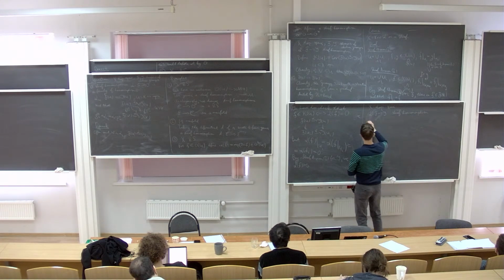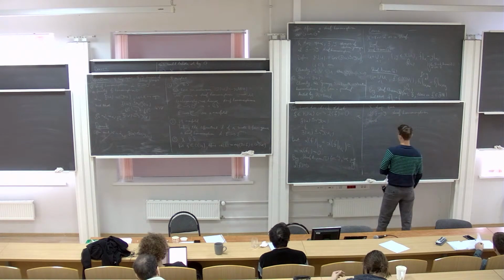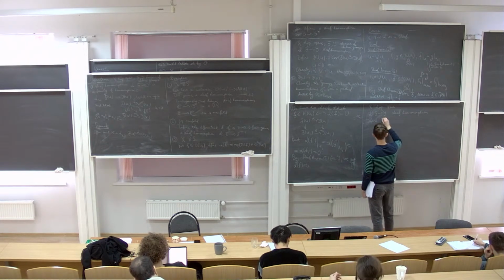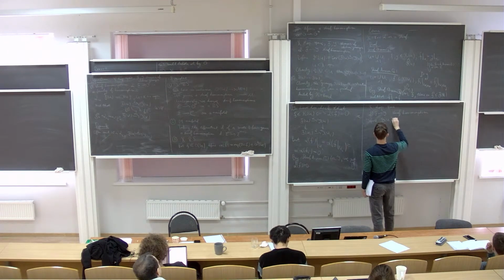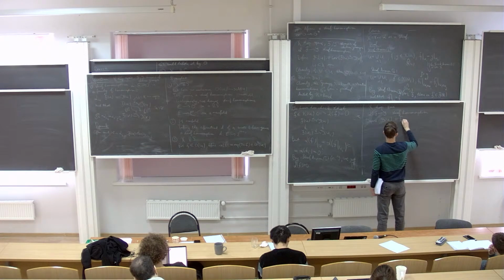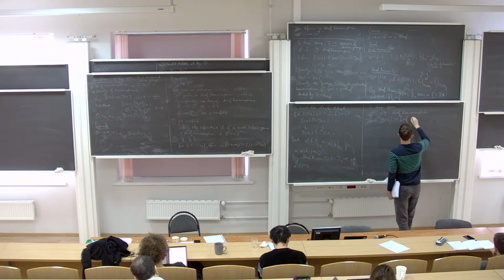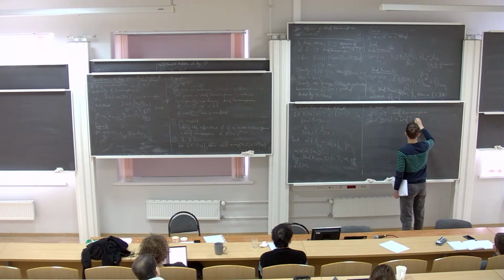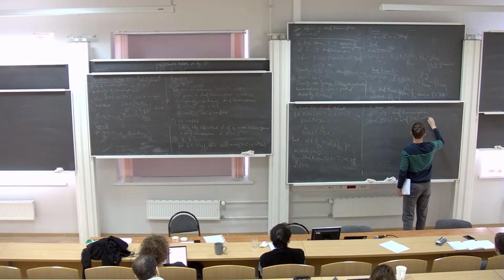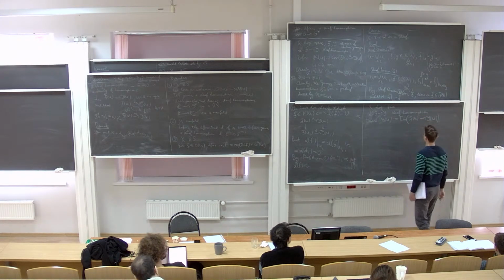Then we can define B(U) as the image of alpha from F(U) to Y(U).